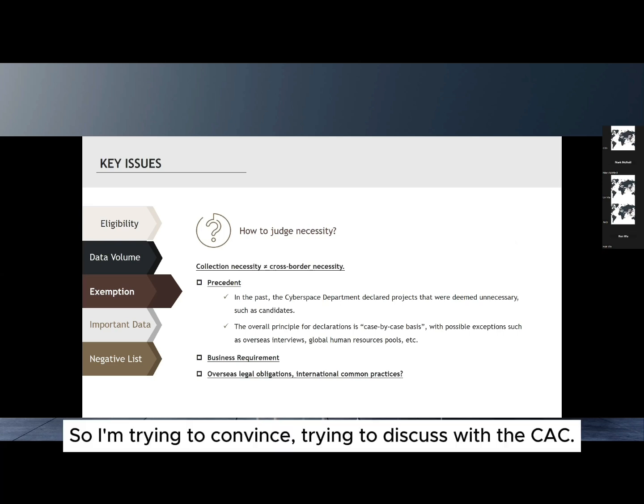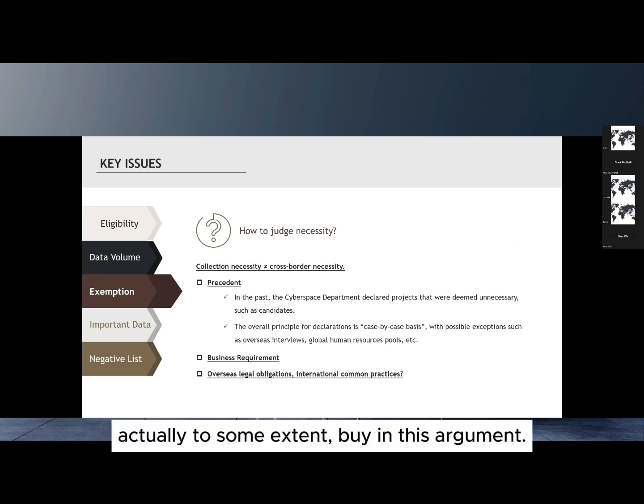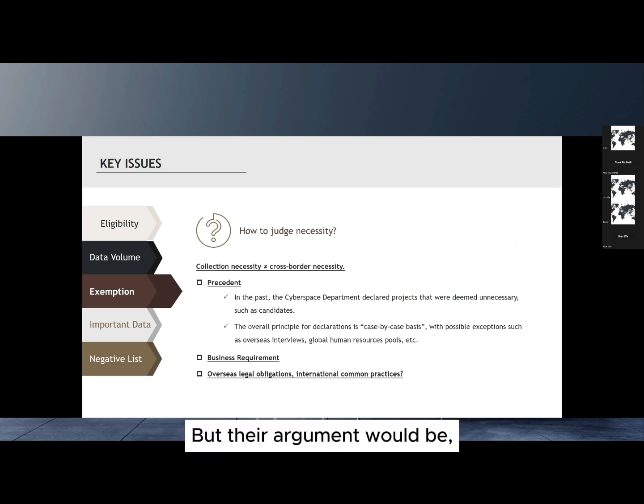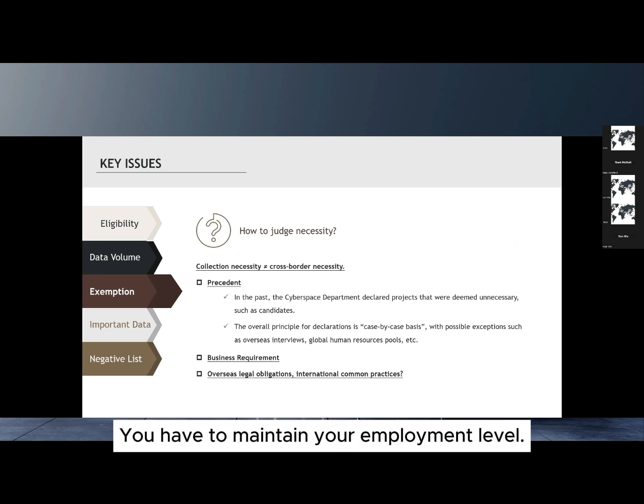So I'm trying to discuss with the CAC. Apparently, the CAC to some extent buys into this argument. But their argument would be, I know that your company may have these global standards. You have to maintain your employment level. You do have the same standards. I understand that.